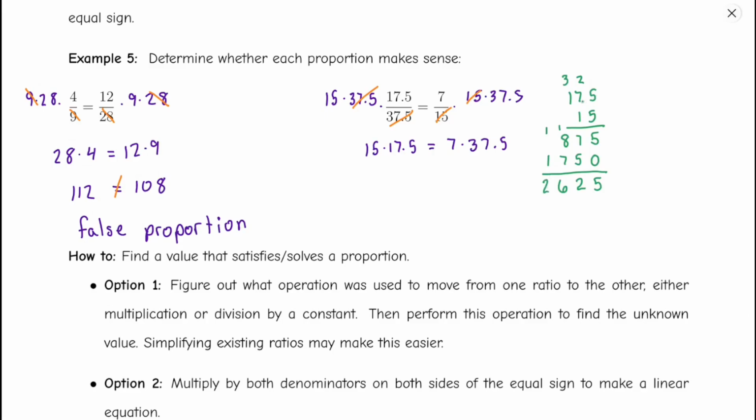Now, since 17.5 has 1 decimal place and 15 has 0 decimal places, our answer needs to have 1 decimal place. So we get 262.5. Does that equal 37.5 times 7?